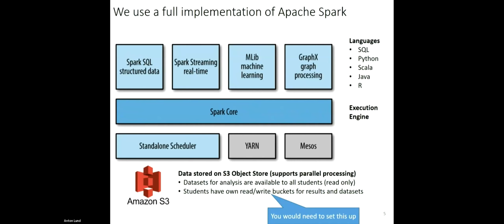I guess in your architecture, you start with an Amazon EMR cluster. We do. And then all students log into that same cluster, running it simultaneously. Yes. We actually have 2 clusters to spread the load a little bit. And what sort of interface do you use? A Jupyter-like interface? Right at the beginning, we use the CLI just to show that they can run code from the command line.